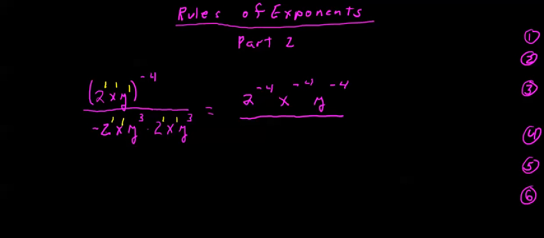So I have this negative, which just means that my product is going to be negative. 2 to the first times 2 to the first is 2 to the second, but it's negative. x to the second and y to the sixth.